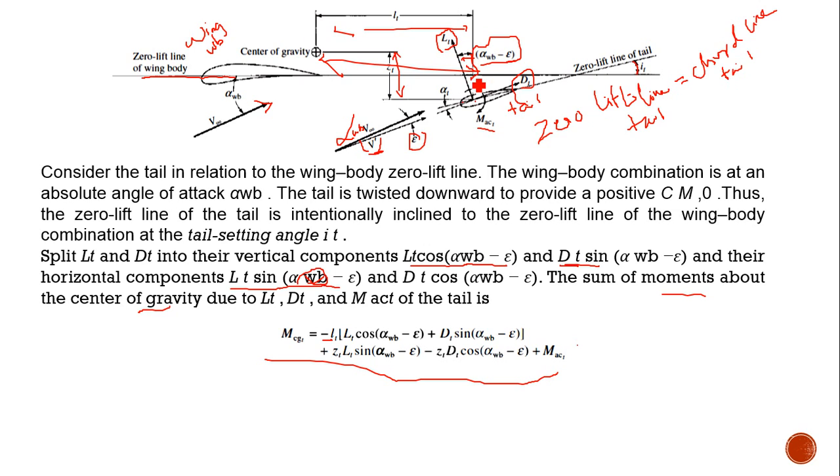So therefore it will be minus, the same way, plus ZT into LT sin(alpha WB minus epsilon) minus ZT into DT cos(alpha WB minus epsilon), plus we have not only lift and drag forces acting on the airplane, we have another moment about the aerodynamic center. So plus MACT.